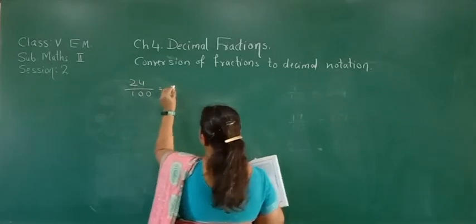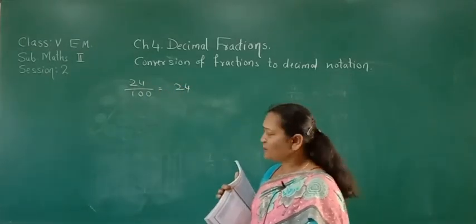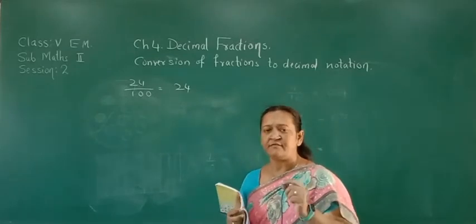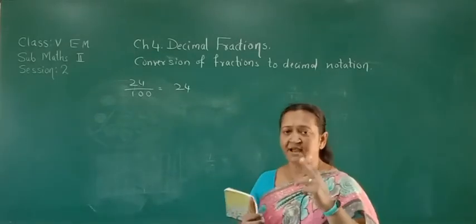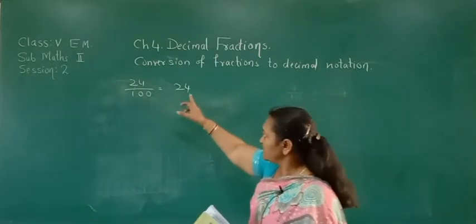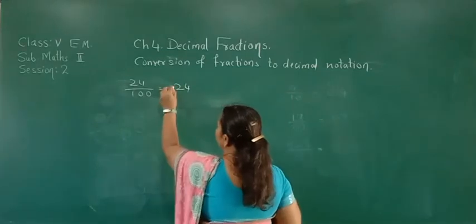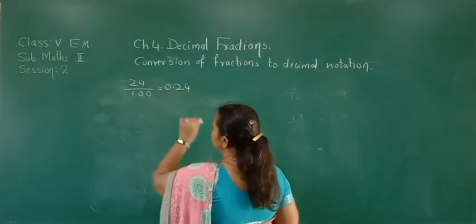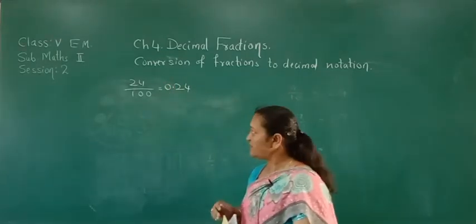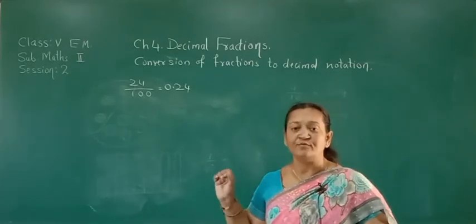Then write 24 as it is. In the denominator we have 100, and in 100 we have 2 zeros. So count 2 digits from the right, that is 1, 2. Then put the decimal point and add 0. So 24 by 100 is equal to 0.24.